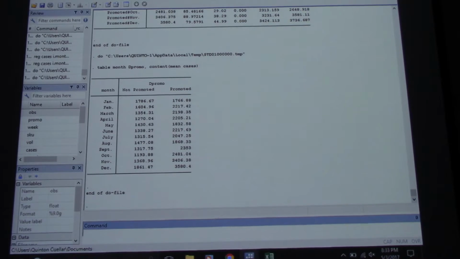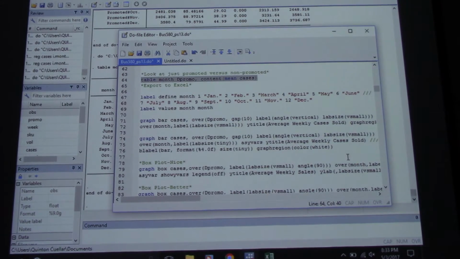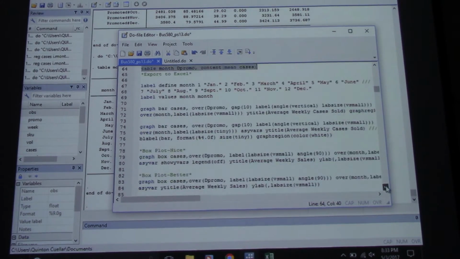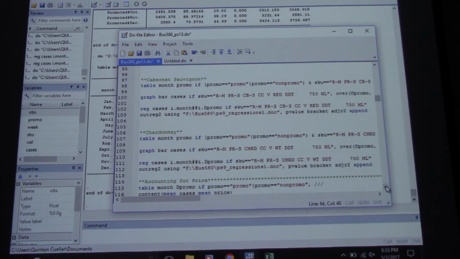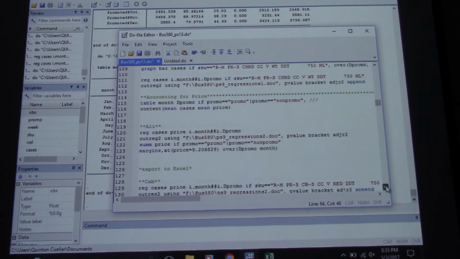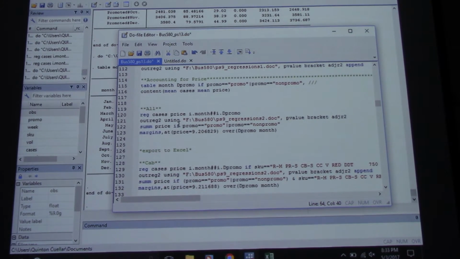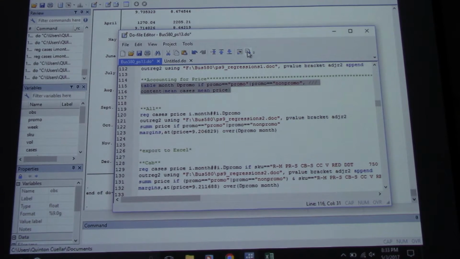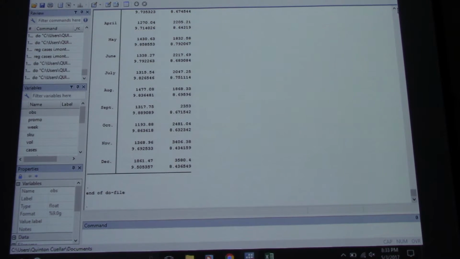All right, so what do we do? Let's just throw in price. So we have a process to account for that. Let's look at a table first.